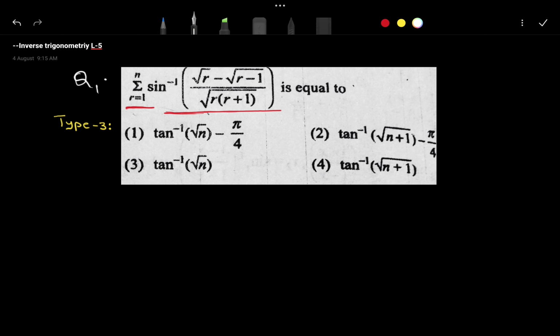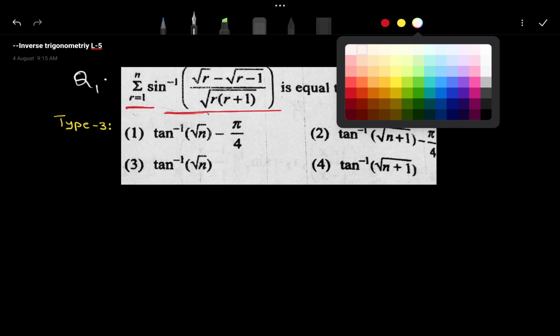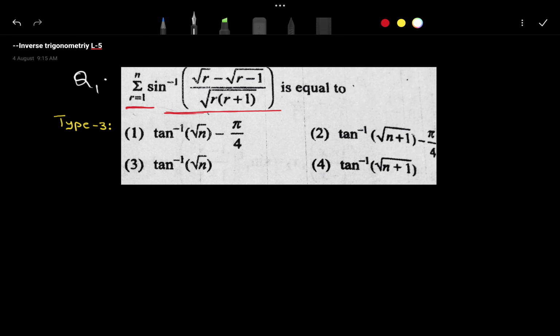Whenever these types of questions are given, it is better to convert them into the form tan inverse of something. So how can you convert in terms of tan? Let theta equal sine inverse of something, that is the angle.